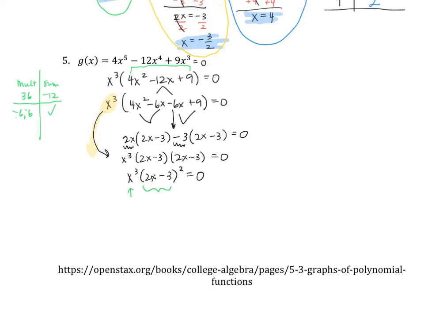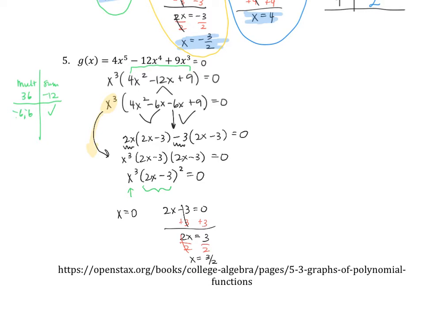So to find the x-intercepts, or the zeros, I'm going to set each of those factors, ignoring the exponent, equal to 0, and solve. So x equals 0 is 1, and then I'm going to add 3 to both sides, divide by 2, so my other zero is 3/2.